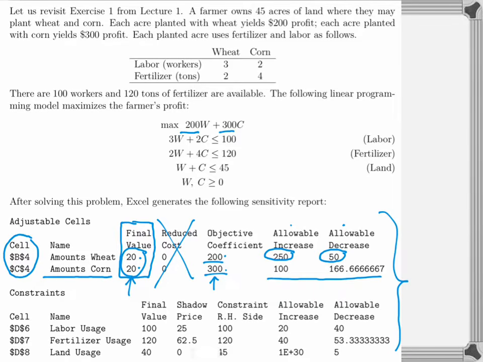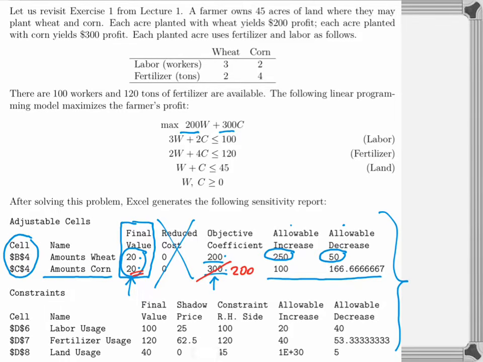If I were to lower the profit of corn to 200, because the decrease is within the allowable, I can tell you the optimal solution will remain 20 of each crop. But the value of the solution is not going to be 10,000 anymore, because 20 acres that used to make $300 each now only make $200 each.